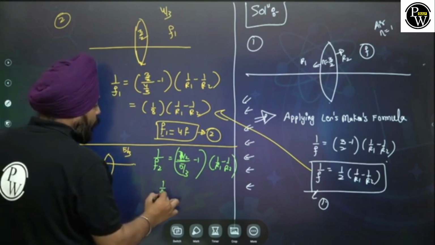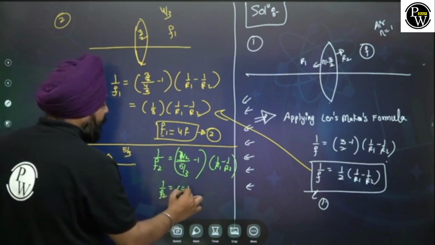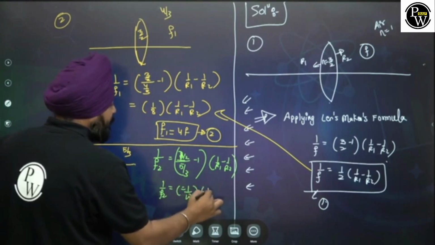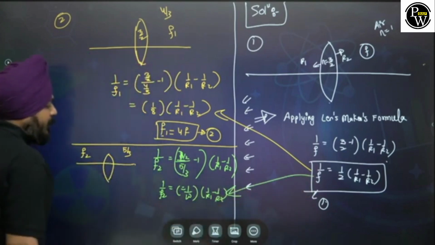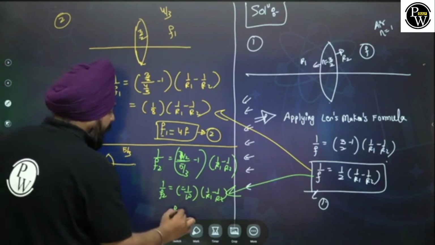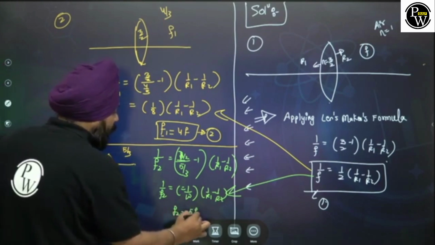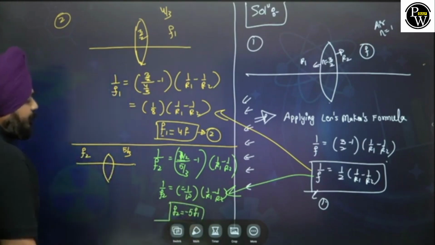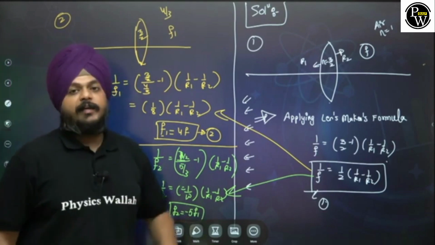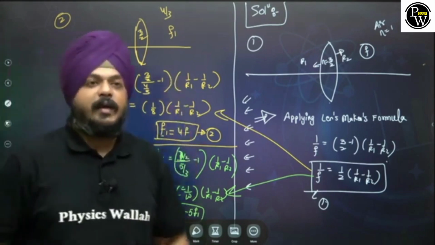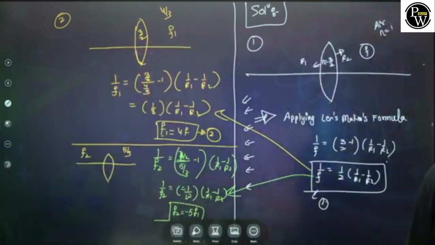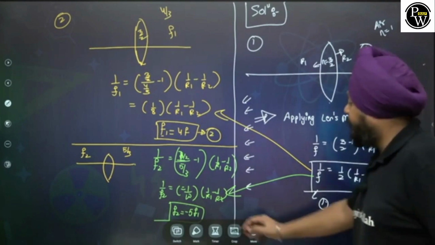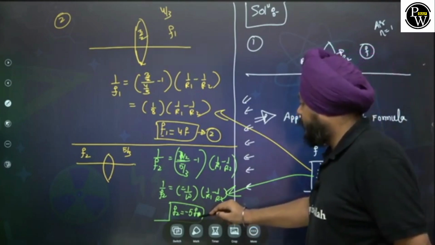So 1 by f2 is negative of 1 by 10 times (1 by r1 minus 1 by r2). Again I replace equation 1 in this, so you get f2 as negative of 5f. In the second case we got f1 as 4f, and in this case f2 as negative of 5f.